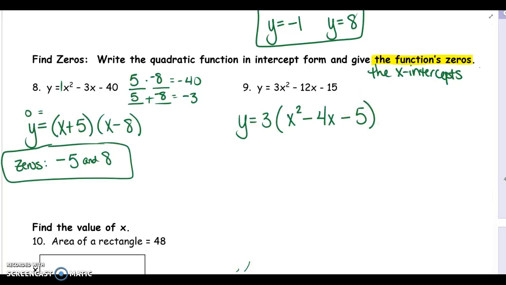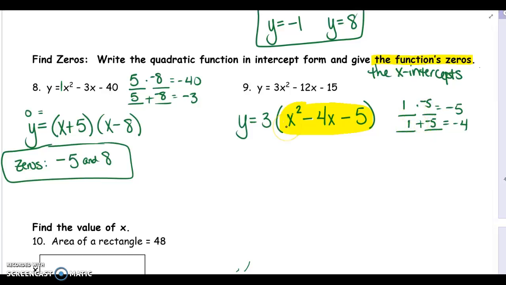Now we're basically going to ignore the y equals 3 and just factor what's inside these parentheses. So we are looking for 2 numbers whose product is negative 5 and whose sum is negative 4. That will be 1 and negative 5.